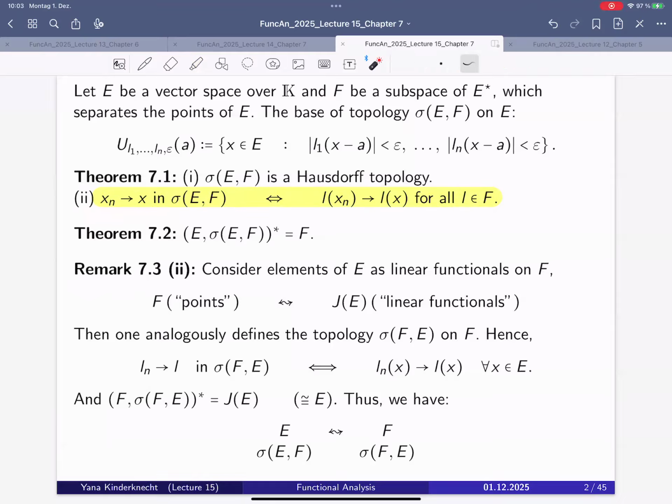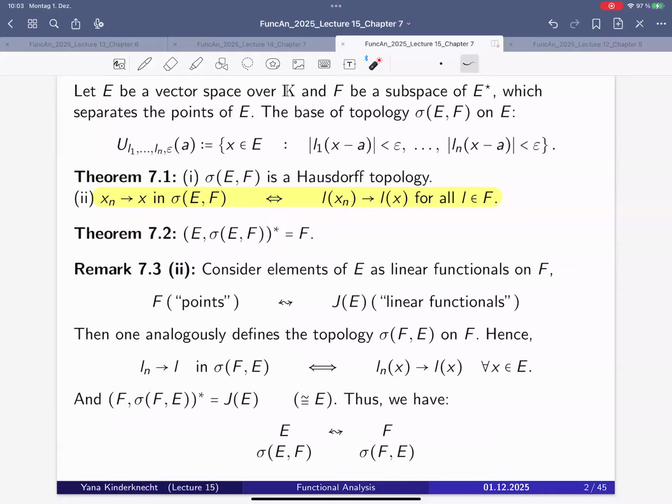It is an important line, and moreover, this topology is chosen in such a way that the topological dual to this topological vector space, so it is a vector space endowed with some topology, a topological vector space, is exactly F. Okay, this we have discussed last time.